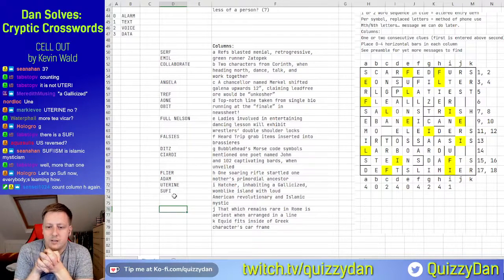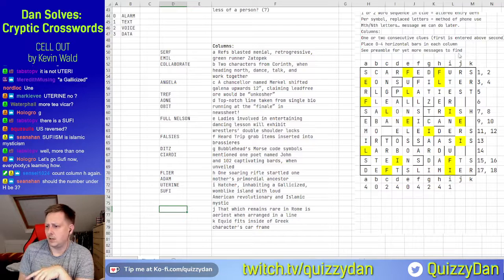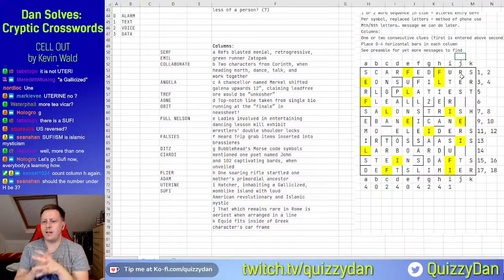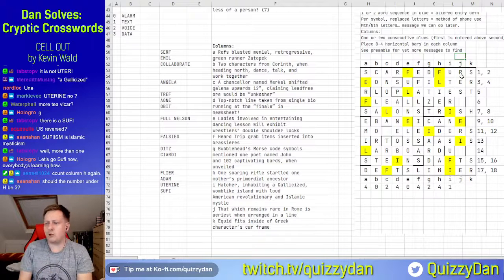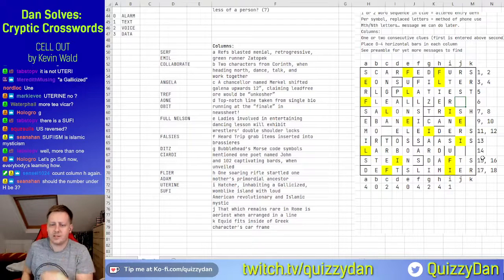That which remains rare in Rome is airiest when arranged in a line. Okay. That which remains, isn't that something like res or the residue or something? That which remains is the residue. Rare in Rome is airiest when arranged in a line.